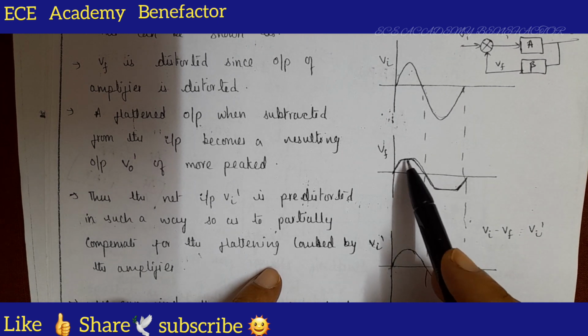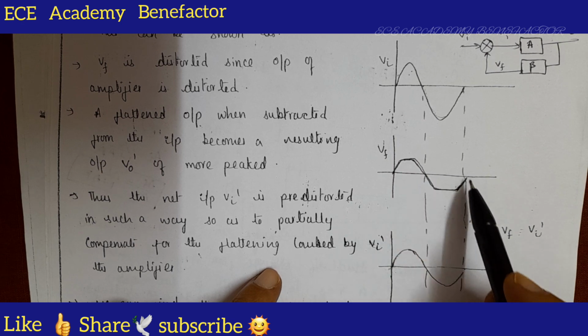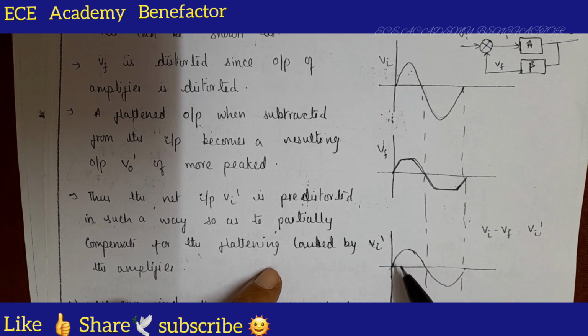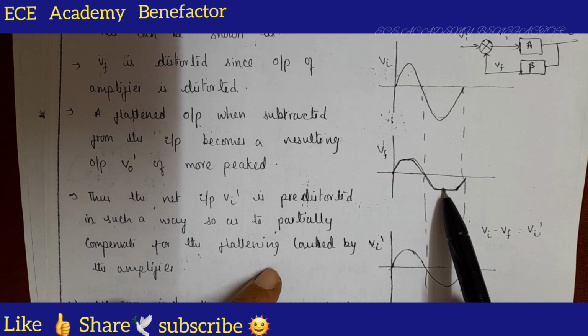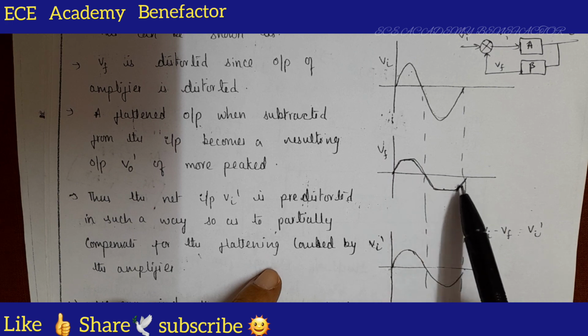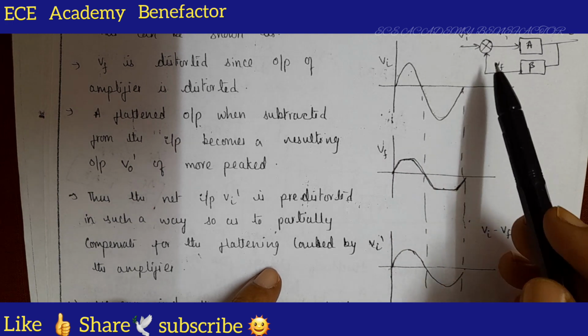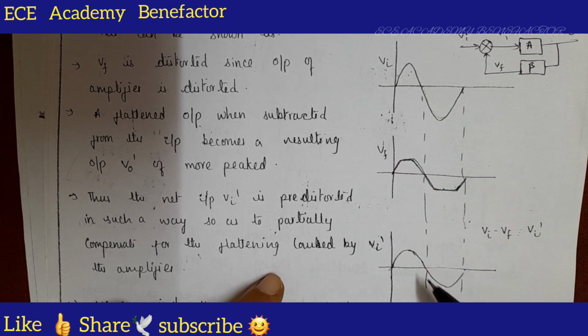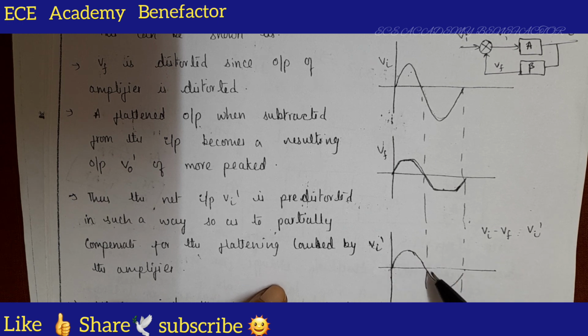It will not appear like this. Clipped peaks will not be appearing. So it is somewhat smoother compared to without feedback. If we take without feedback, it will be highly distorted, whereas when we take the difference of the two signals and then amplify it, it will come in a better way. So it is a smoother signal. So after applying negative feedback, we get a less distorted waveform.